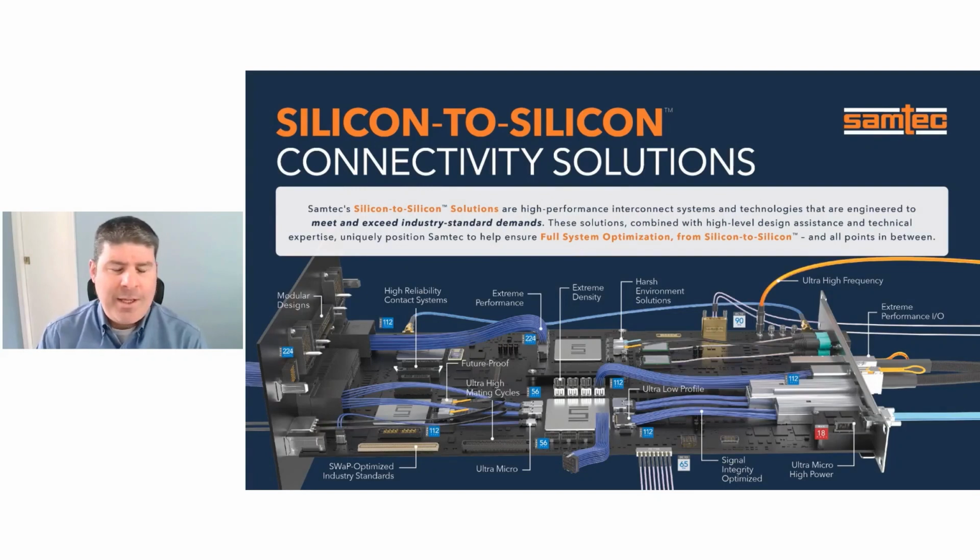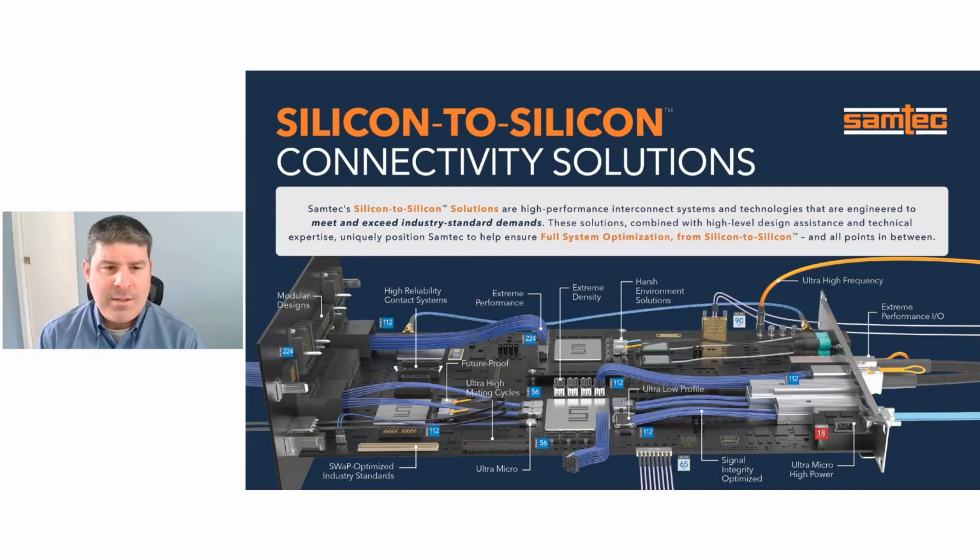What does some of that look like? This is a snapshot of all of Samtec's bleeding edge interconnect solutions from the front panel to the backplane. We could literally spend hours or days going through all of our interconnect solutions in detail. We'll cover a handful based on some of the AI system architectures that we're seeing prevalent within data centers right now.